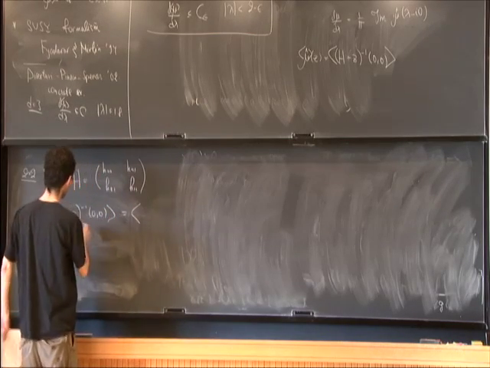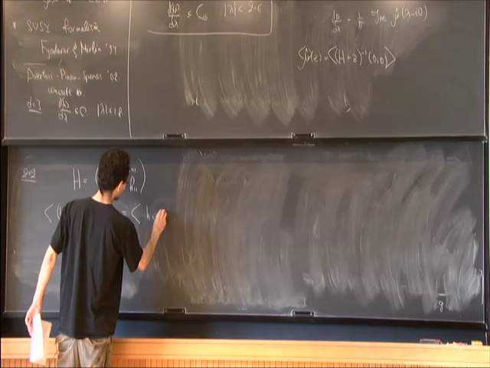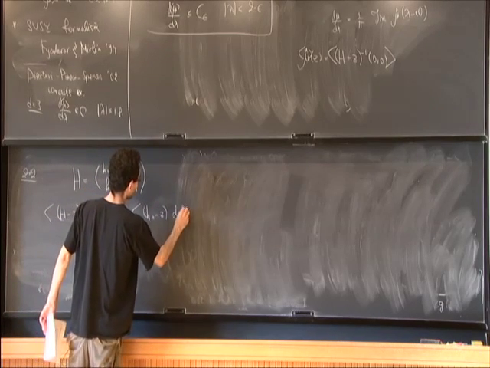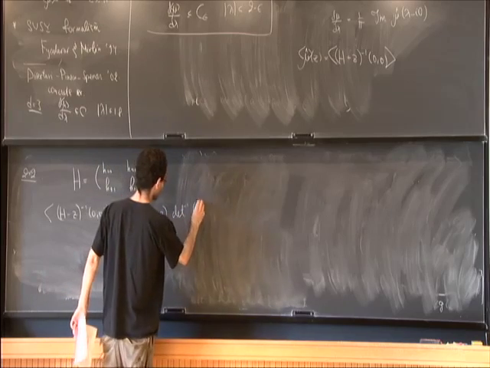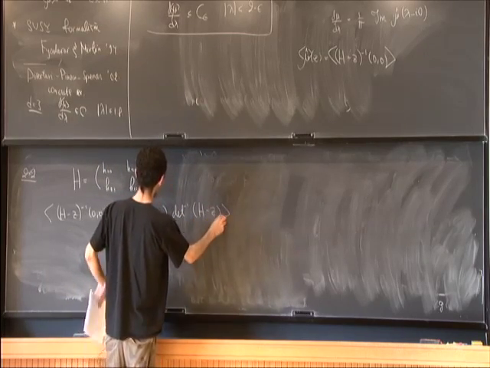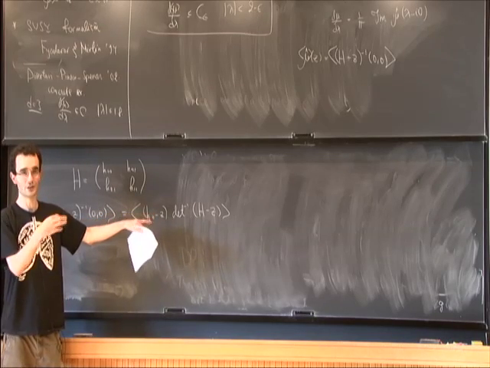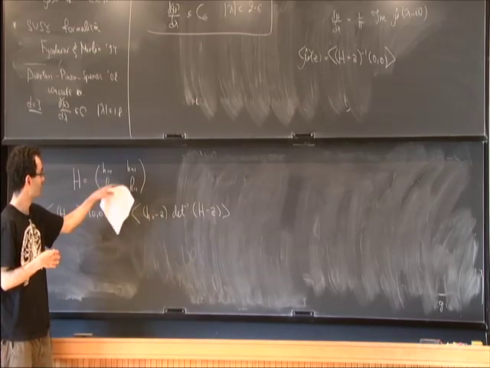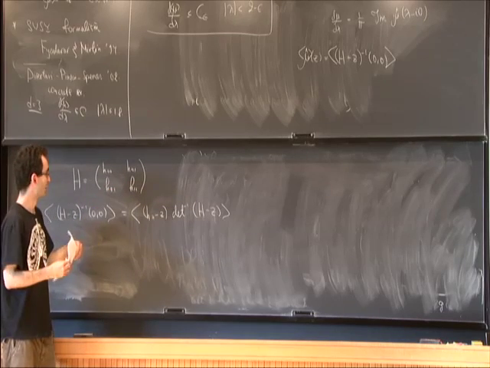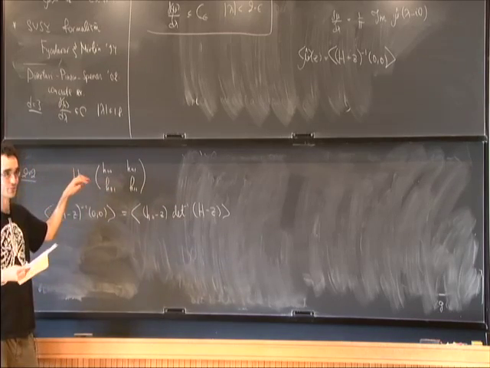It's the average of H1,1 minus z times the inverse of the determinant of H minus z, but already for 2 by 2 matrices, if you write this expression, it's not so easy to integrate it over the variables, and it's even less easy if H is an infinite matrix.